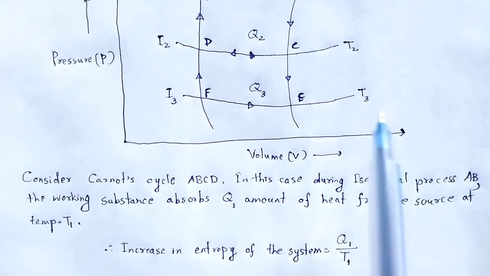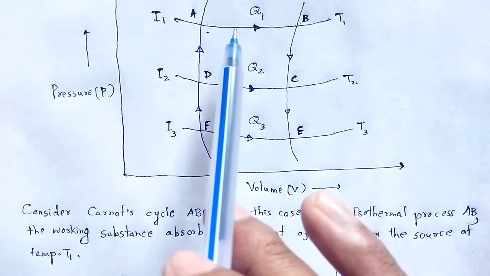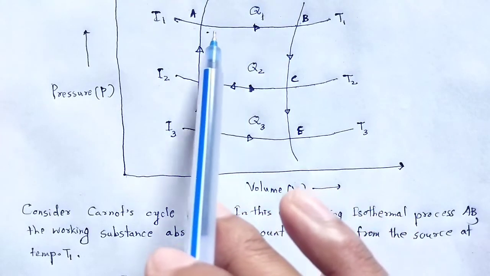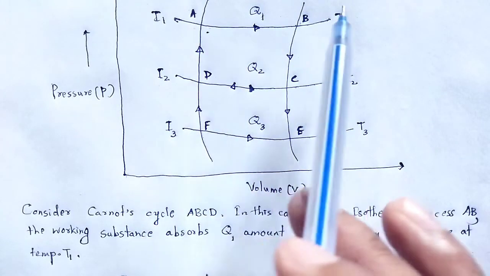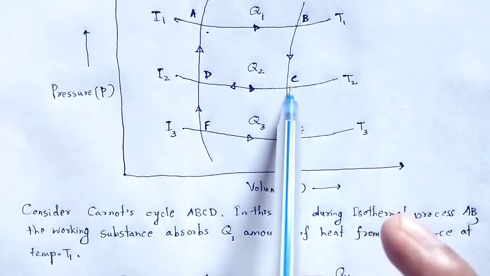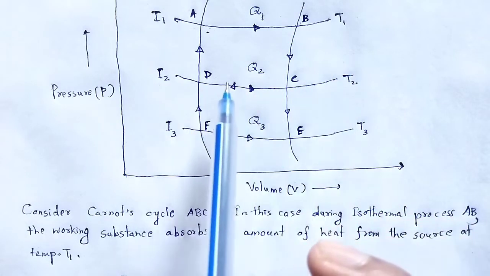Next, there are two isothermal processes: one is isothermal expansion and another one is isothermal compression.